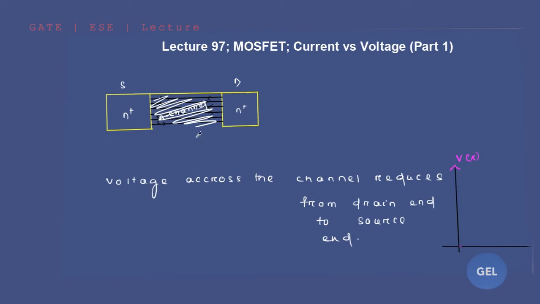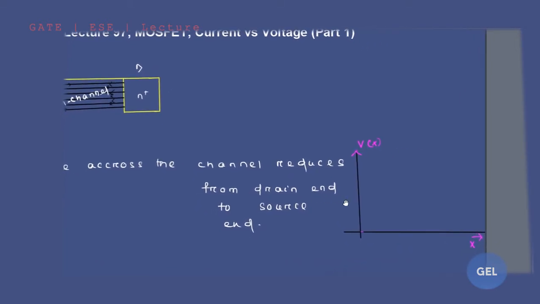Voltage across this channel reduces from drain to source end in this way. Sir, how does the voltage reduce from drain to source? Look, if this is the graph of voltage and this is the graph of distance along the channel length, then from drain to source it reduces like this, somehow like this.